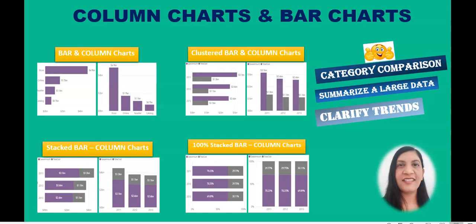Your users can easily compare the data. Another thing is they summarize a large amount of data in a small visual, so that way also they are good. And they also show the trends as well, as you can see here. Okay, so that is about the bar and column chart.